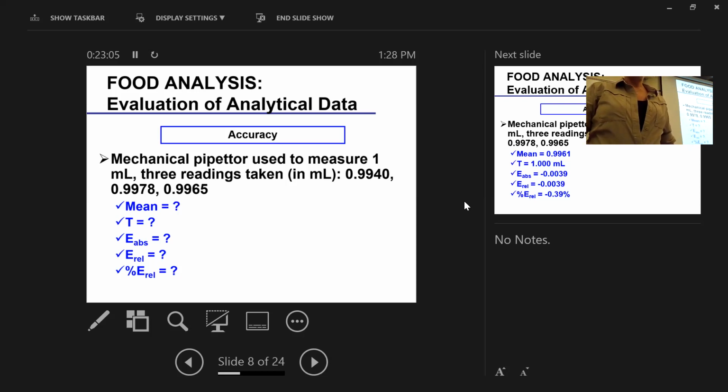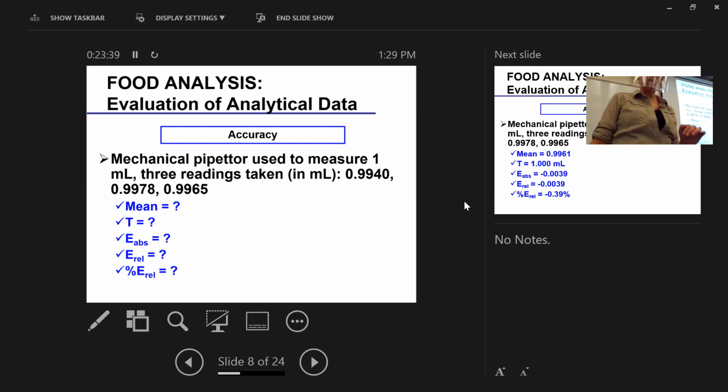All right, we said the true value is 1. What is your absolute error? Yes, Lenny? Negative 0.0039. You can report it as negative, you can report it as absolute. Both ways is correct. It only tells you your deviation, that okay, my value is lower than the true mean if I have a negative, or my value is higher than the true mean.